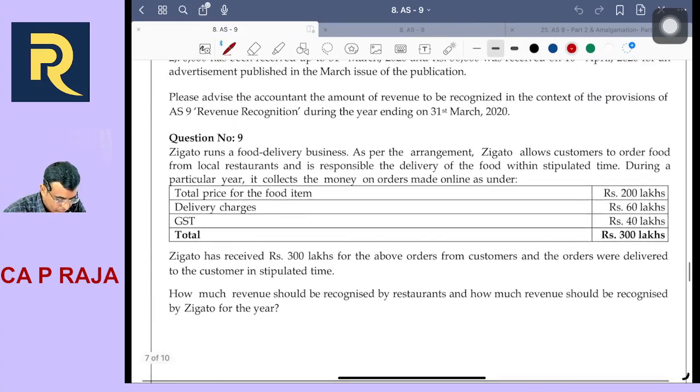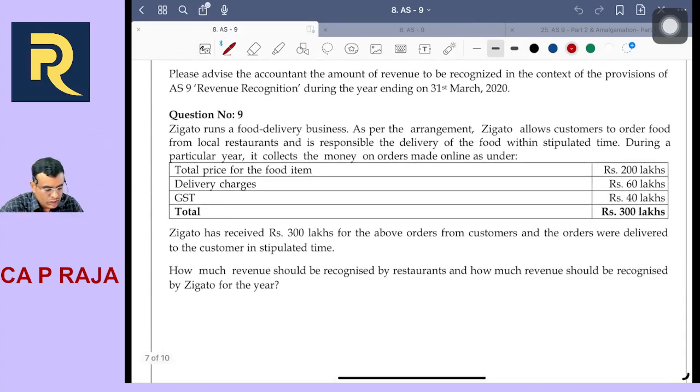Question number 9. Z Limited runs a food delivery business, Zomato. As per the arrangement, it allows customers to order food from the local restaurant and is responsible for delivery of the food within the stipulated time. During a particular year, it collects the money for orders made online as under.